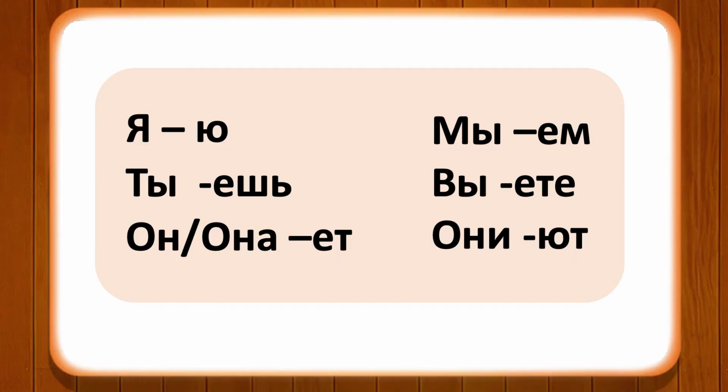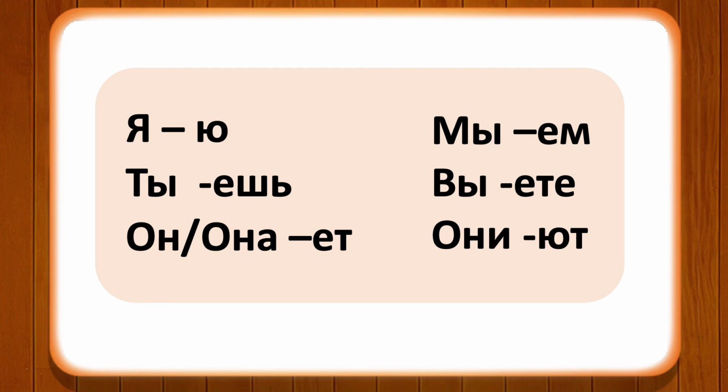For pronoun я, which means I, you add the ending у to the stem. For pronoun ты, which means you, you add ешь to the stem. After removing те and soft sign, for pronoun он, which means he, and она, which means she, you put the ending ет.